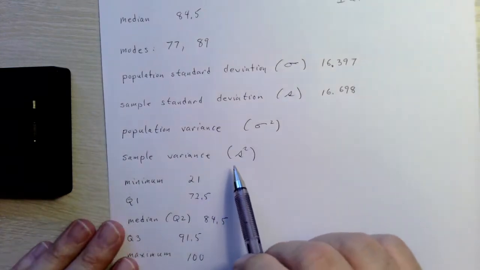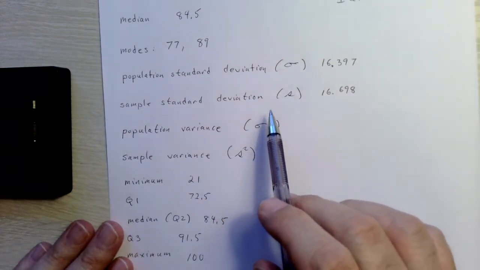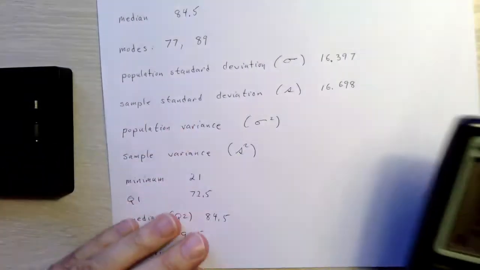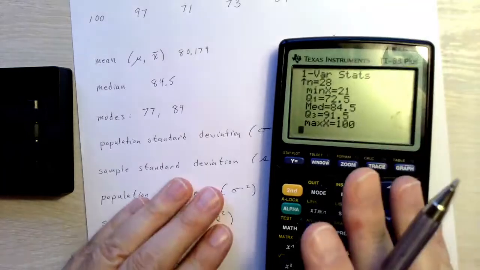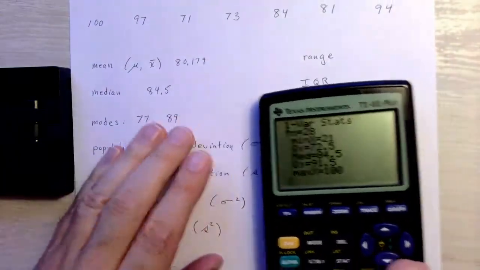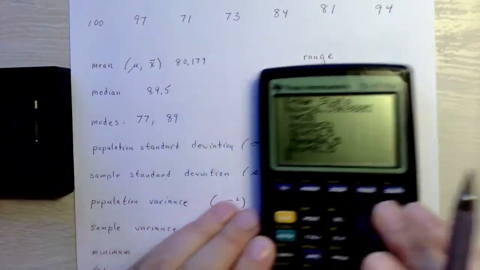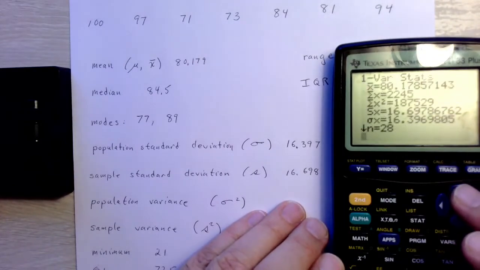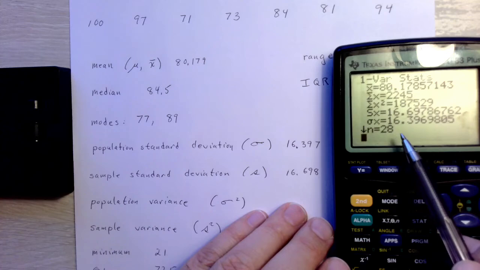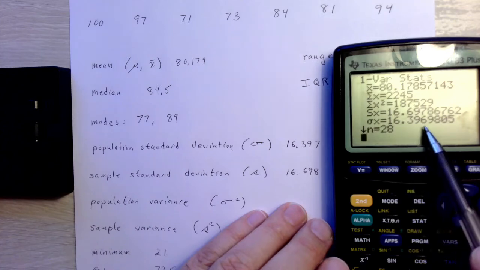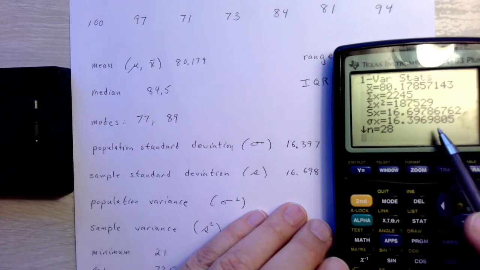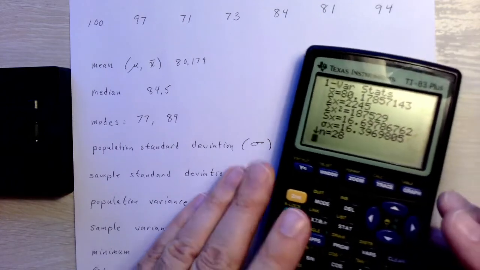As for the population variance and the sample variance, they're the squares of the standard deviations. So for the population standard deviation, we square that. Now we said that it was 16.3969805. We would need to square that, and we want to add a few more digits to this.